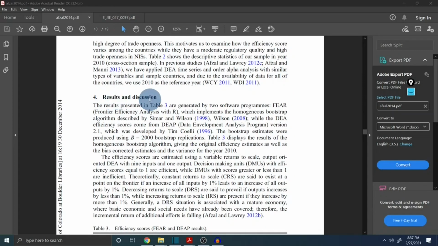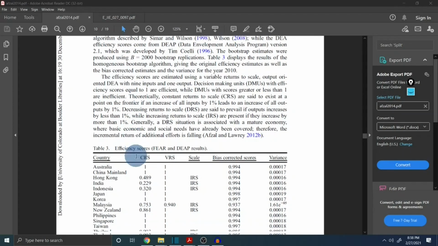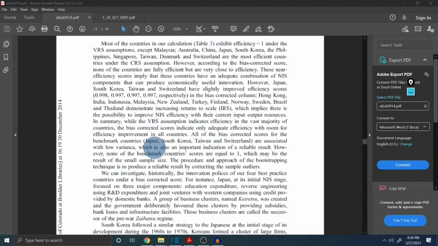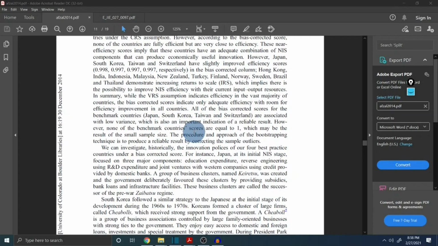So start with the introduction, then set up your theoretical understanding, then go for empirical methodology, then you test the model or any type of study that you are going to test, qualitative or quantitative. After testing, put the results and discussion in section 4, and try to explain your results and discussion in as much detail as possible, because not everybody understands what you are doing.